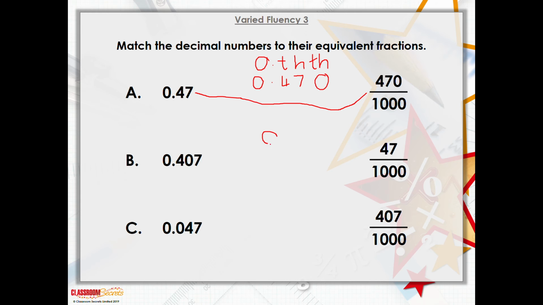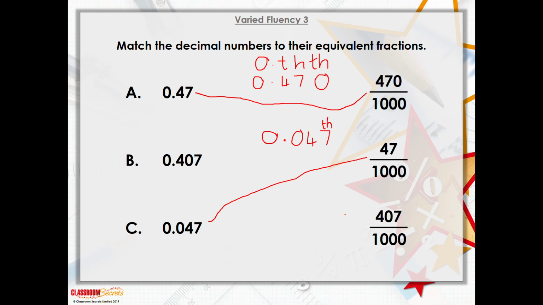Let's have a look at the next one. 47 thousandths would be no ones, 0 tenths, and 47 thousandths. Okay, so 47 thousandths is the same as 0.047.